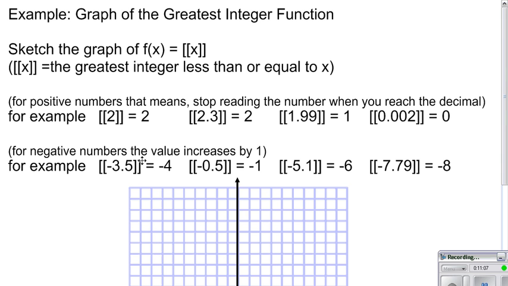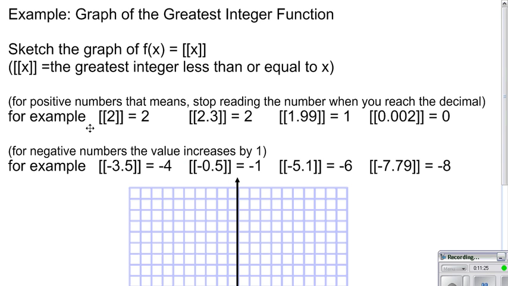If it's negative, the value would increase by 1. For example, for -3.5, the 3 would increase in value to a 4, so it would be -4.